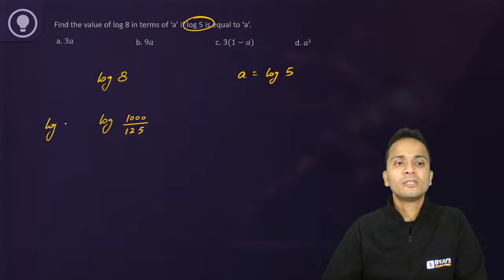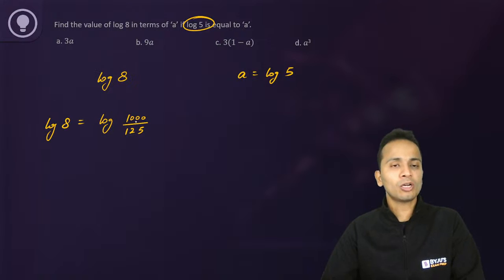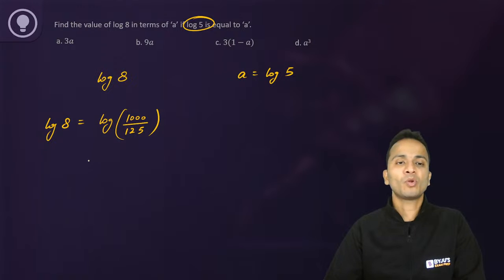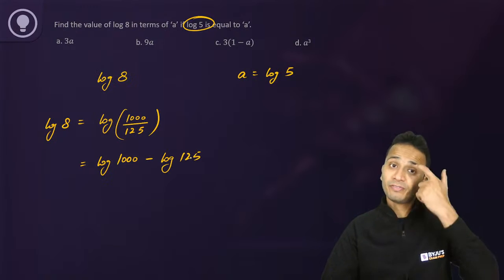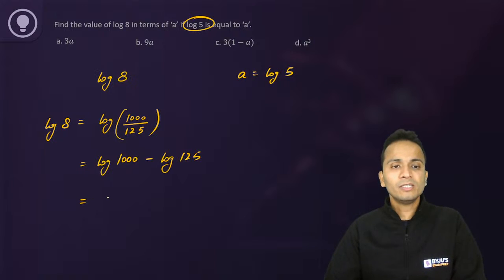So log 8 can be written as log 1000 divided by 125. Okay, so now this can be written as log 1000 minus log 125. Log 1000 can be written as log of, I'm writing each and every step for you, 10 cube minus log 125 can be written as 5 cube.